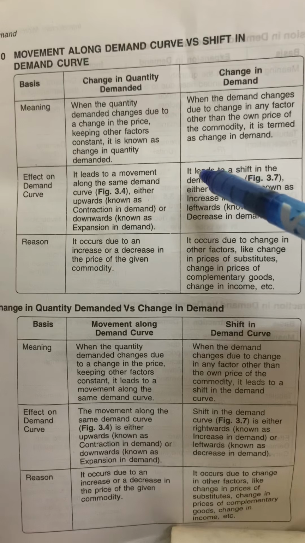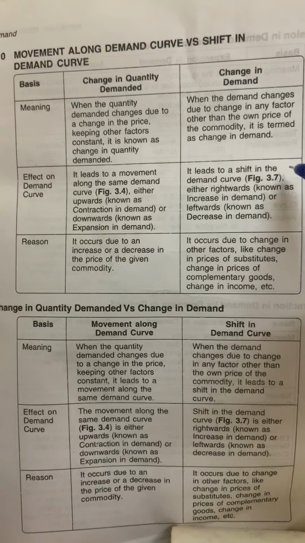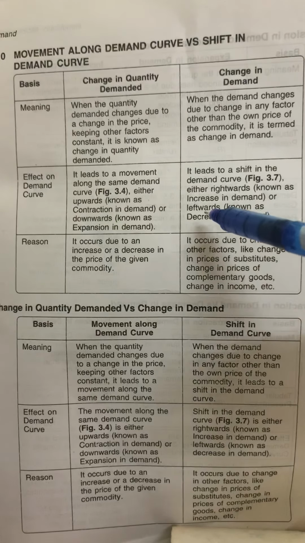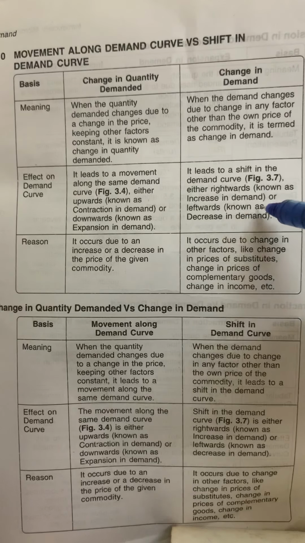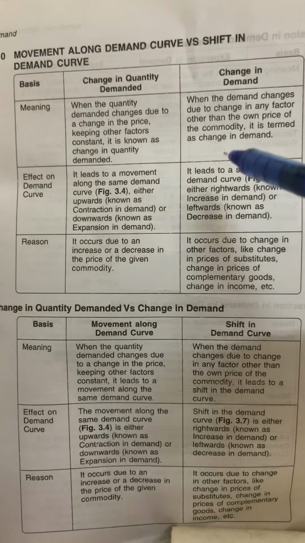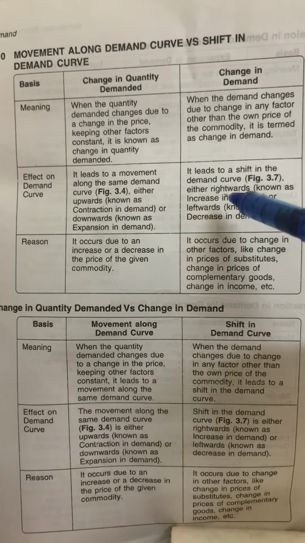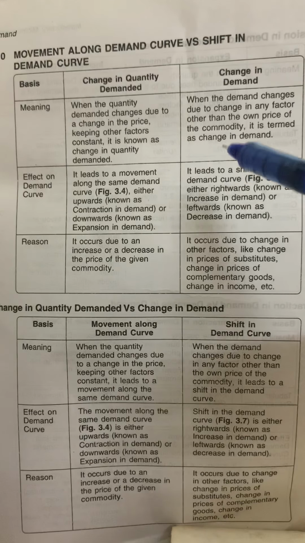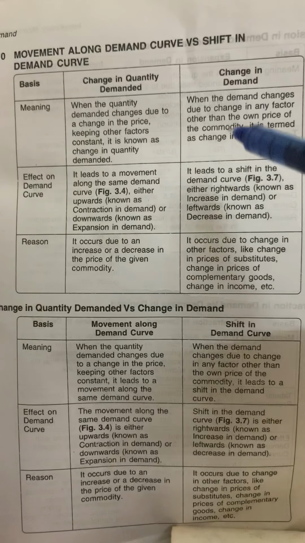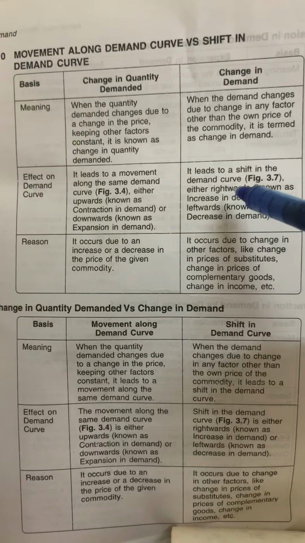Change in demand: it leads to a shift in demand curve, either rightward shift known as increase in demand or leftward shift known as decrease in demand. Here the price of the commodity is not changing, it remains the same, and the demand is changing due to the other factors.